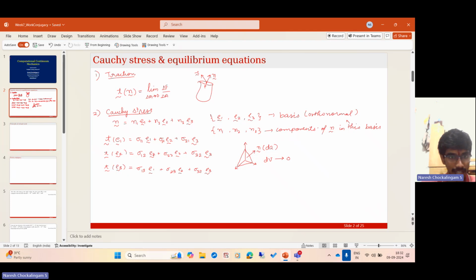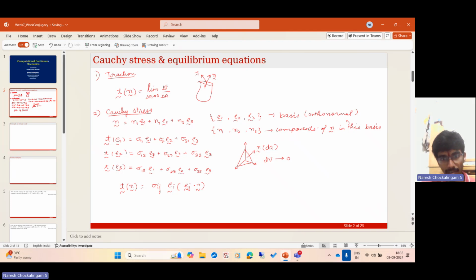So the traction depends linearly on the normal vector, and the linear relationship between the two is given by a stress tensor. The traction at a point on a plane with normal n is, in indicial notation, sigma ij ei ej dot n.